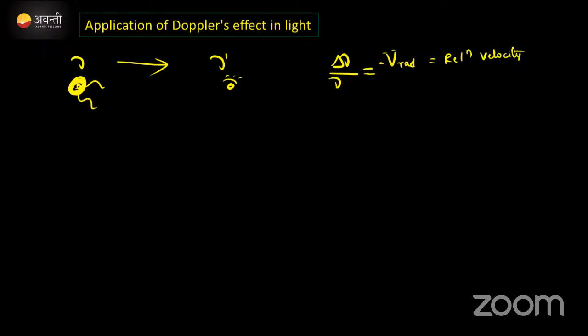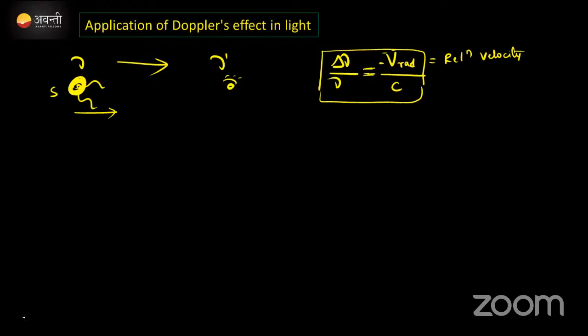If suppose the source is moving towards the observer, the observer is at rest, with respect to the observer we are going to say the velocity of the source, divided by the speed of light, right? This is the equation which we are going to use to find out the value of change in frequency, और frequency कितना emit हो रहा है और कितना velocity से move हो रहा है. All things we are going to find out from this equation.